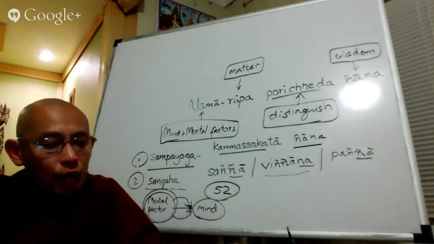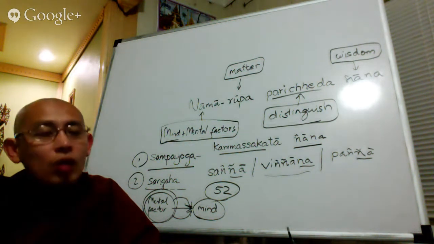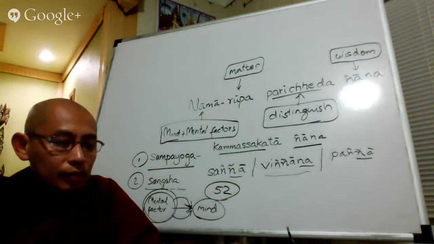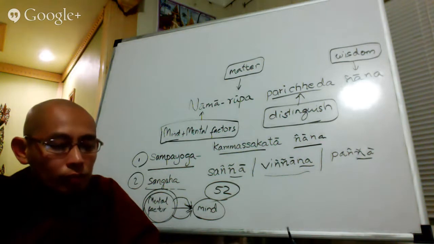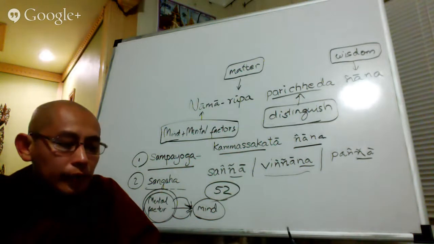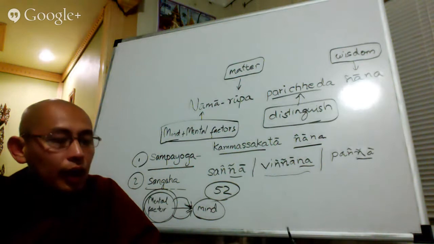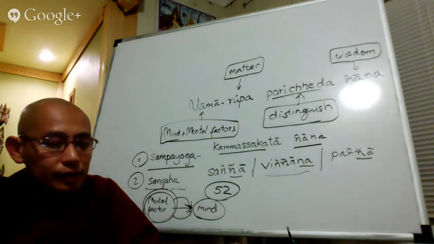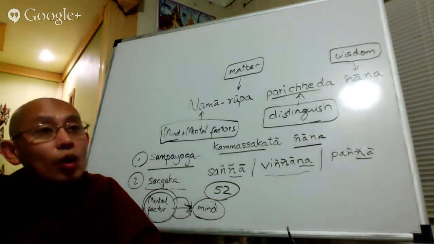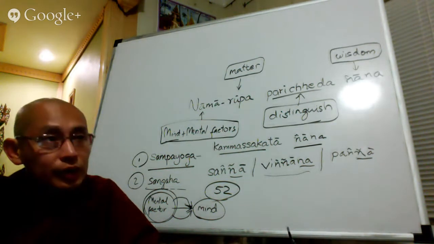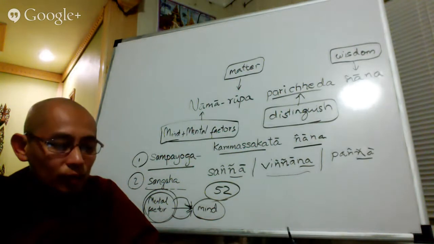Next one, Kamavacara sobhana consciousness, 24: all are associated with adhimokkha. Then Rupavacara, form sphere consciousness, all 15 are associated with adhimokkha. And Arupavacara, formless sphere consciousness, all 12 are also associated with adhimokkha.